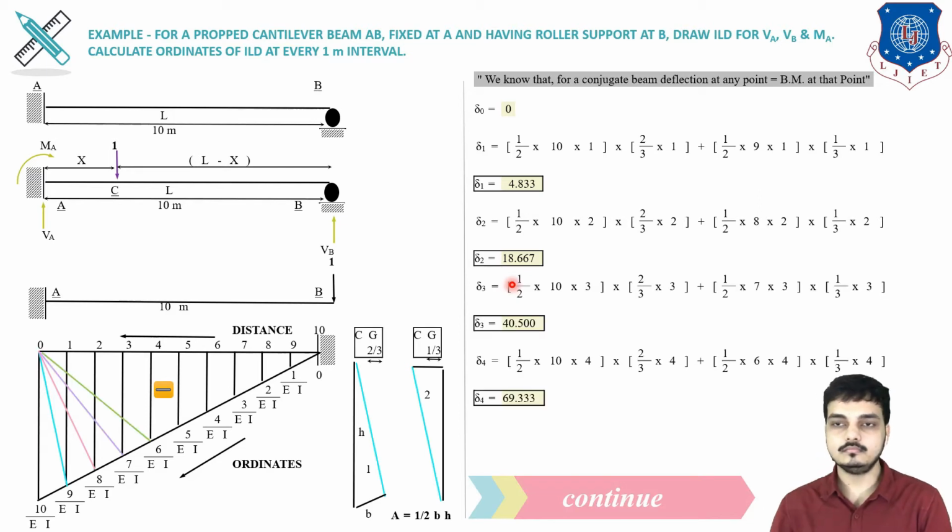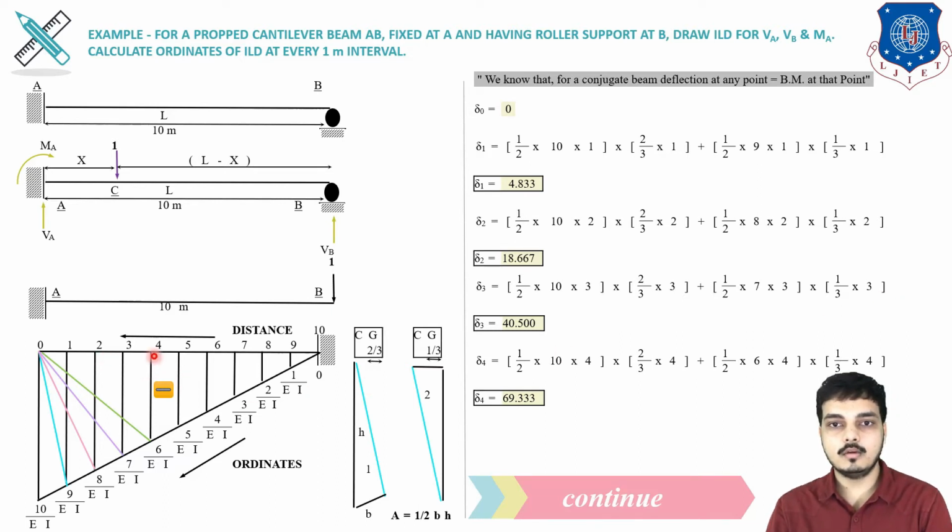Look, for delta 3, the triangle will be this purple one: 0, 7, 10, 0. This is my triangle number 1. Triangle number 2 is 0, 3, 7 and 0 back again. So 1/2 into 10 into 3, which is the base, into 2/3 of 3, plus 1/2 into 7 into 3 into 1/3 of 3.